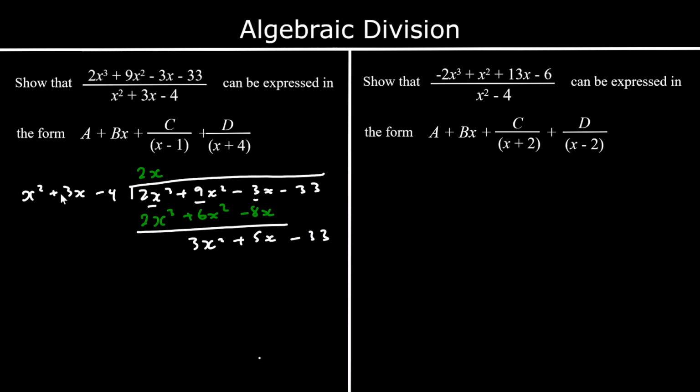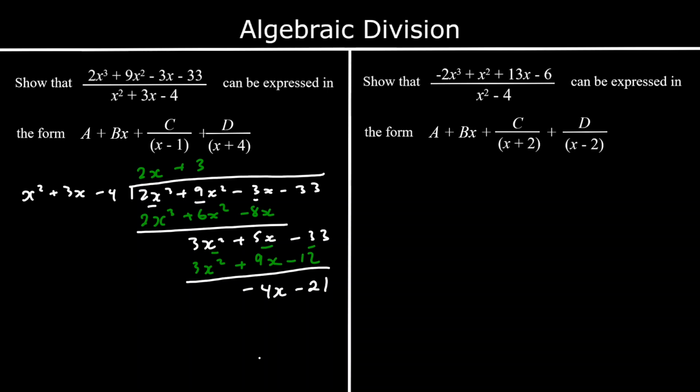3x squared over x squared is 3. And times by the 3. Take away. 5 take away 9 is negative 4. Negative 33 plus 12 is negative 21.